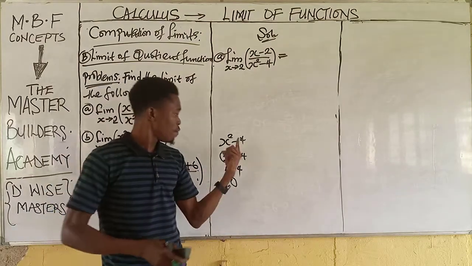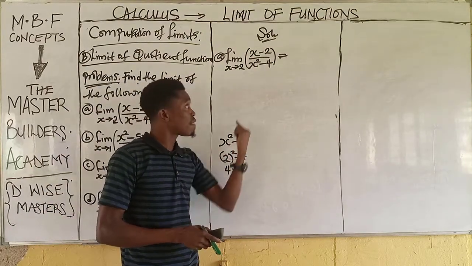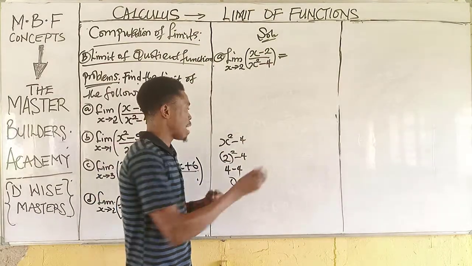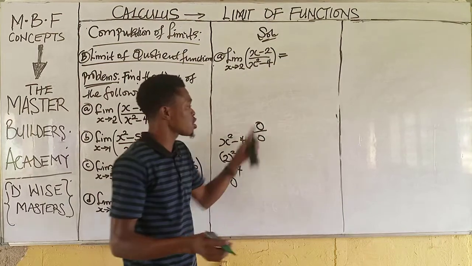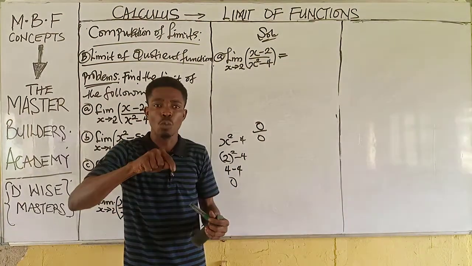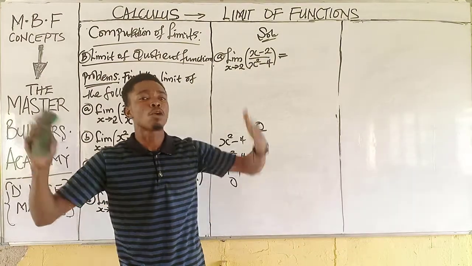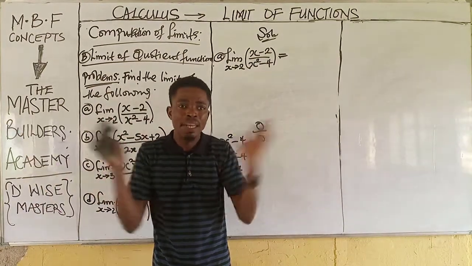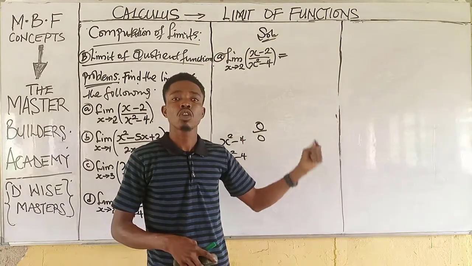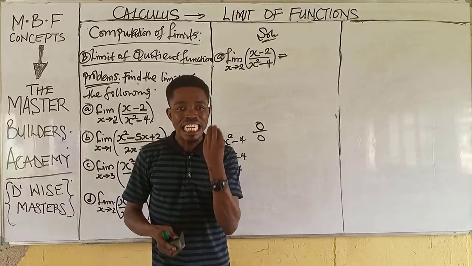Likewise, listen, if I input this value at the numerator, I'm simply going to have 0 at the numerator. That means I will have 0 over 0. This really does not matter. What matters is I am not expected to have 0 at the denominator. So I must do what I can possibly do to ensure that the denominator of this expression turns out to be a real value.